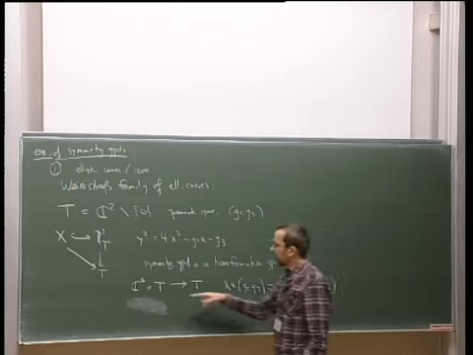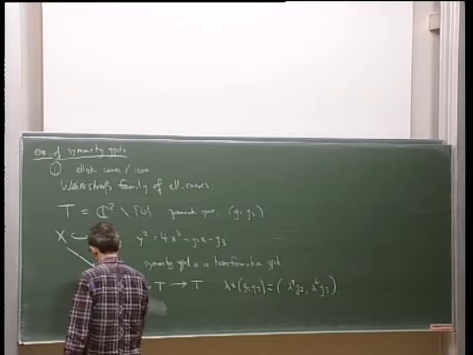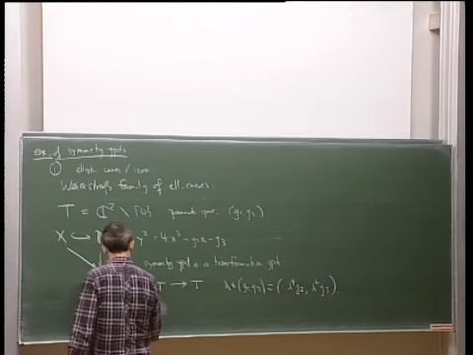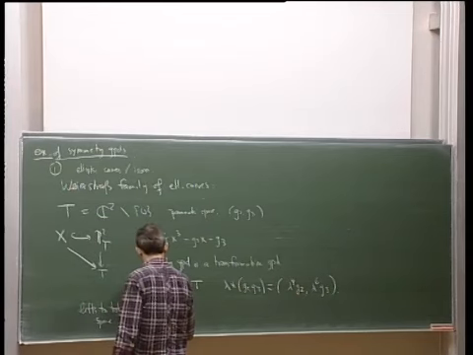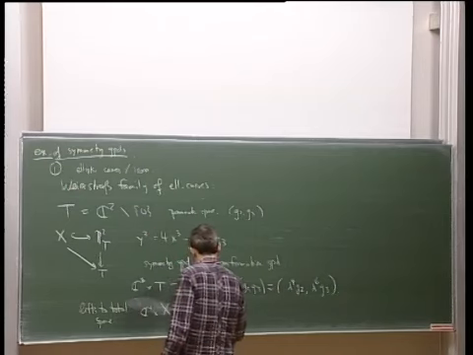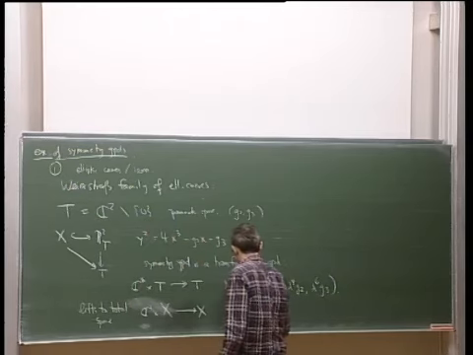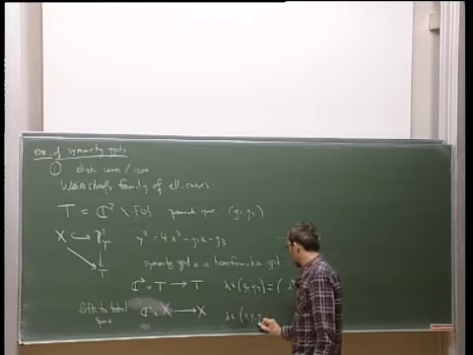And this action lifts. This is an action on the parameter space, and this lifts to the total space of the family. So the total space has x and y and G2 and G3.